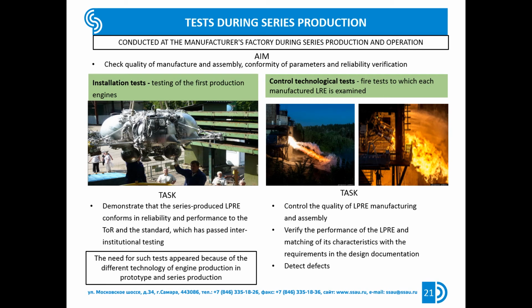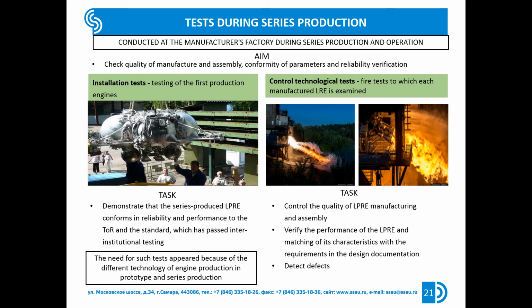For example, the time for stabilization of parameters of a liquid propellant rocket engine after launch is approximately 5 to 20 seconds. Usually, to ensure correct determination of the main parameters in steady-state modes, a delay of at least 10 seconds is made. The number of parameters to be measured in series testing is significantly lower than in development testing.